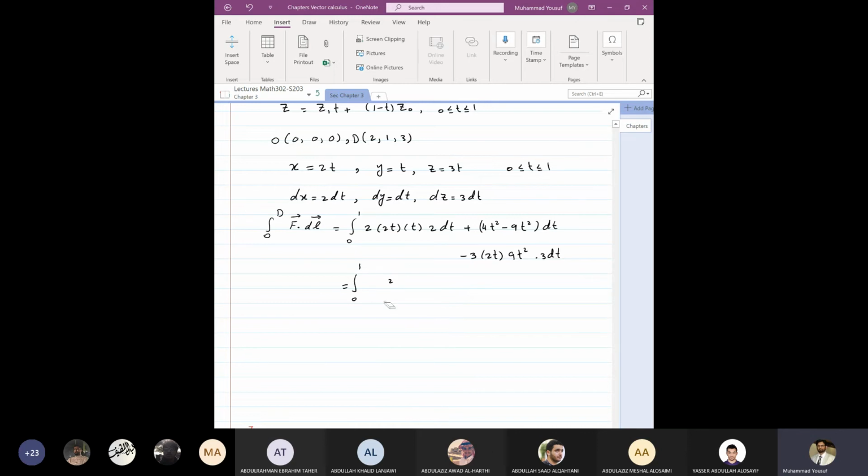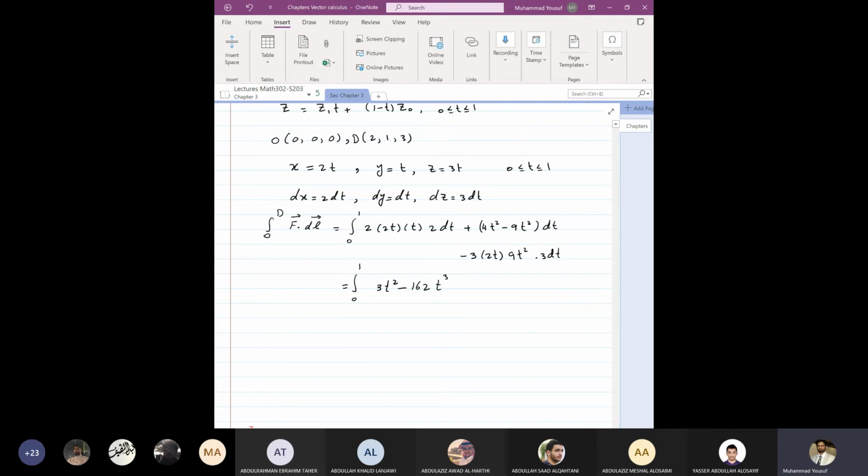No, it is actually negative 5t square, negative 5t square plus 8t square, 3t square. Minus 3 multiplied by 2 is 6, 6 multiplied by 3 is 18, 18 times 9. So this is a big number, 162 t power 2 and 1, 3.